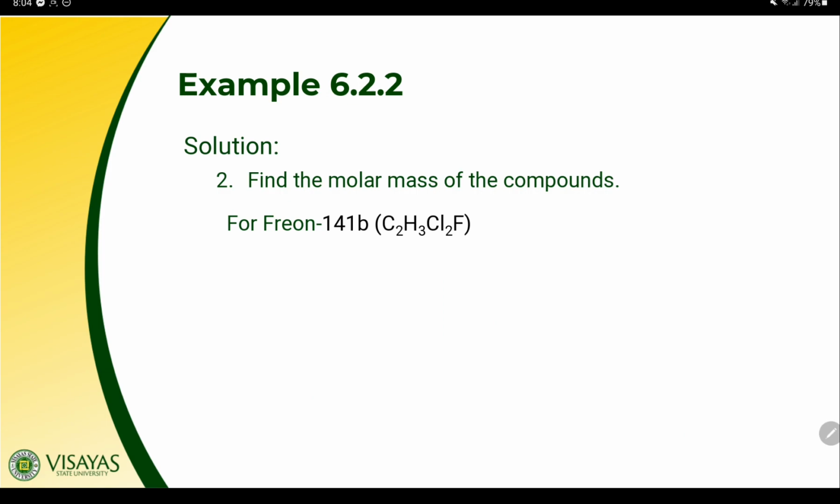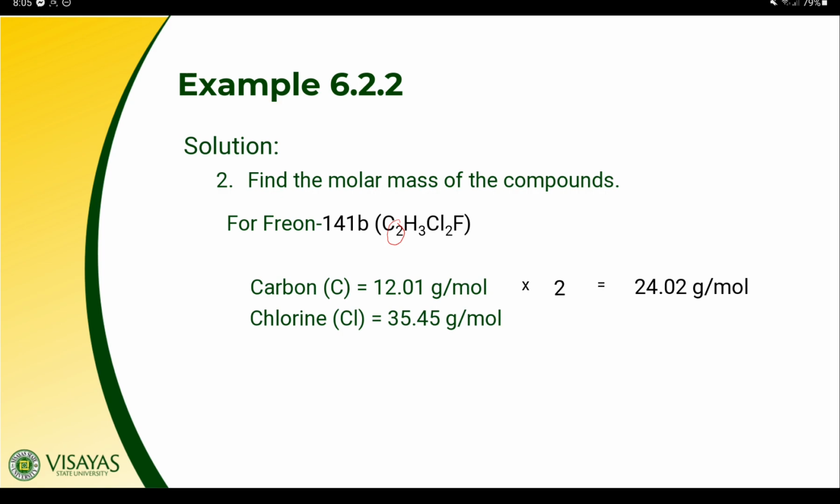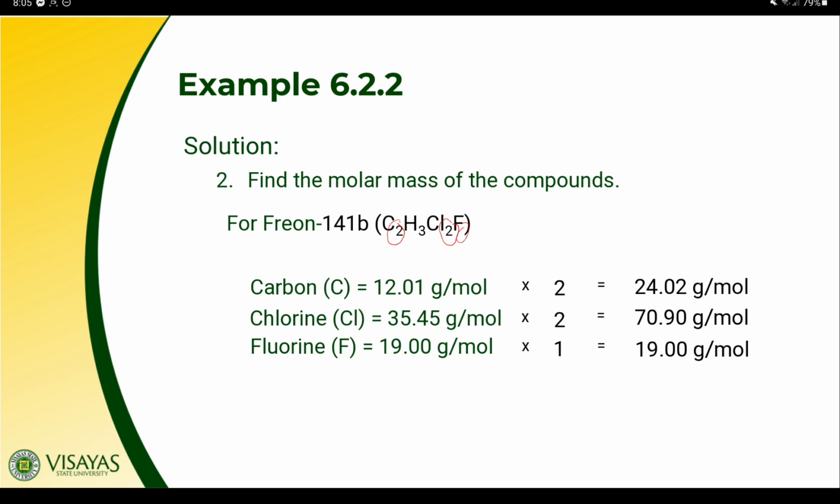For Freon 141B, we start with carbon, 12.01 grams per mole. Since there are 2 carbon atoms, we multiply that by 2, and we get 24.02 grams per mole. For chlorine, we have 35.45 grams per mole. Since we have 2 chlorine atoms, we multiply that by 2, and we get 70.9 grams per mole. For fluorine, we only have 1 fluorine atom here, so we multiply 19 grams per mole by 1, and we get the same value.